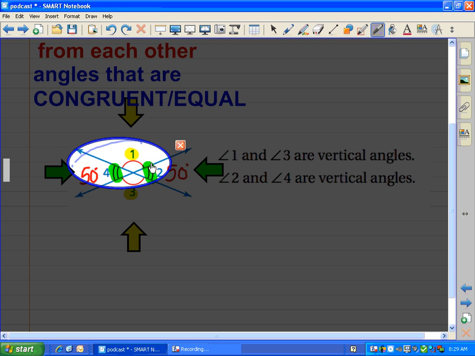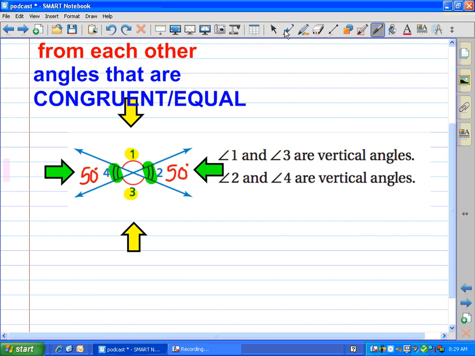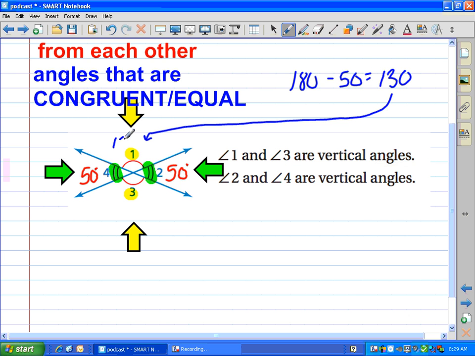They have to equal 180 degrees. Easiest way to solve the problem: since 50 and some number has to give you 180, just do 180 minus 50, and that gives you 130. So angle 1 would have to be 130 degrees. These two add up to 180, which is a straight line.